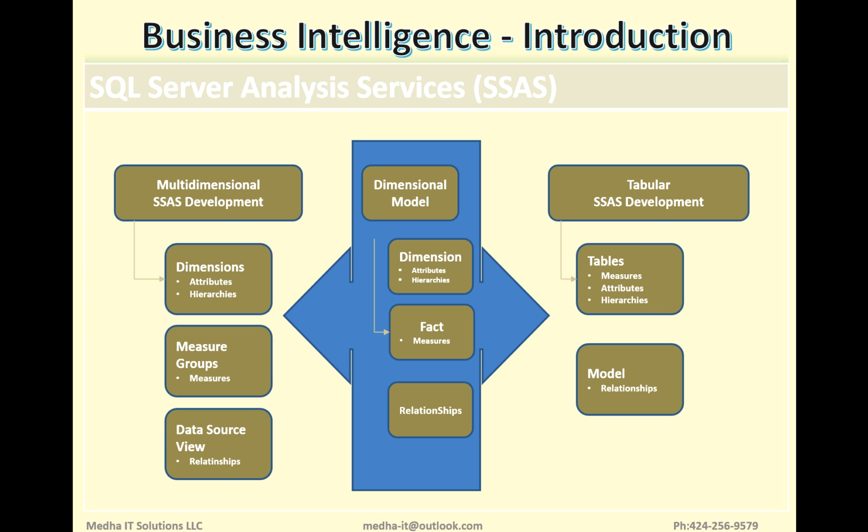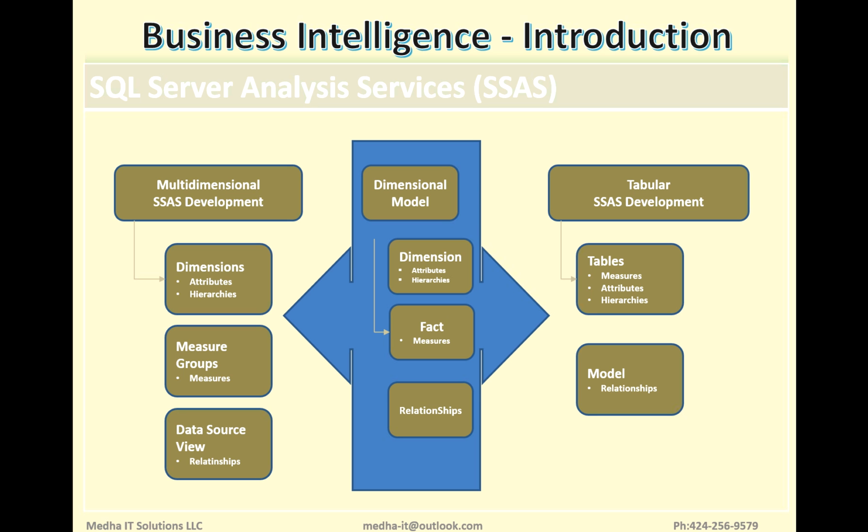So when we talk about differences between multidimensional and tabular models, in analysis services you can build cube using two models: multidimensional model and tabular model. Tabular model is the new one, introduced before the year 2012. Okay, so what are the main differences between multidimensional model and tabular model?